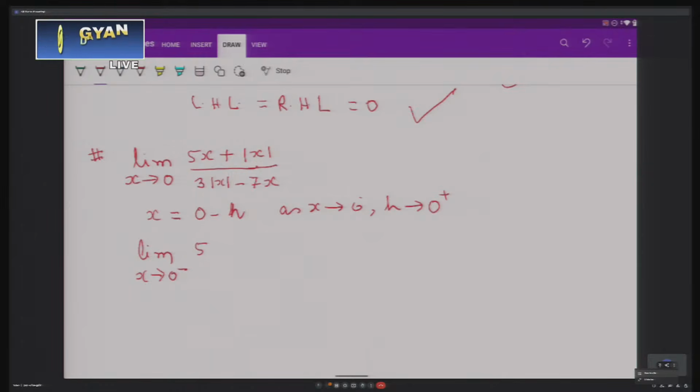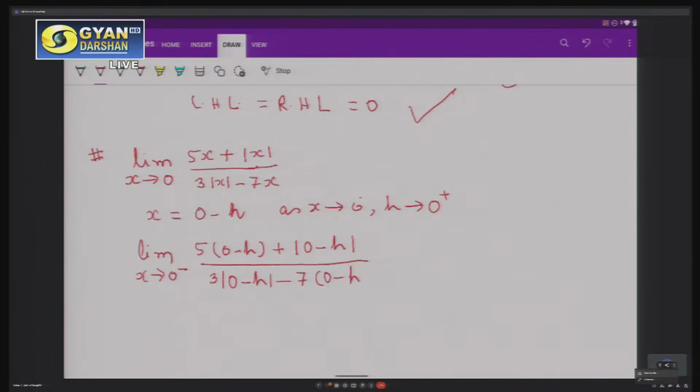So it will be 5 and x is equal to 0 minus h, plus mod x, mod 0 minus h, divided by 3 mod 0 minus h minus 7 times 0 minus h.